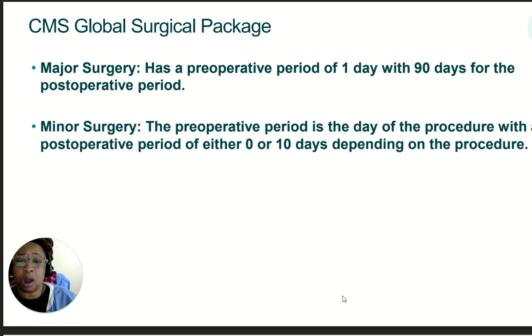We can no longer bill for that surgery or anything going on relating to that procedure unless it's unrelated. If it is unrelated, it is not part of the global surgical package. This is a new problem that we need to bill for.